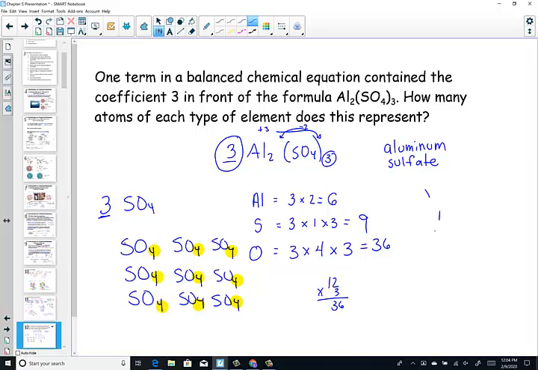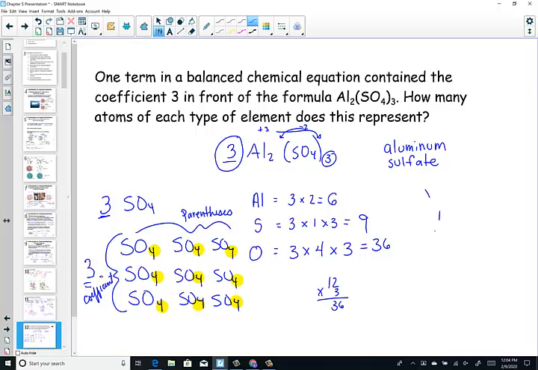So what this tells us, the coefficient of 3, and this would tell us the parenthesis taken 3 times. Three units of aluminum sulfide contain 6 atoms of aluminum, 9 atoms of sulfur, and 36 atoms of oxygen.